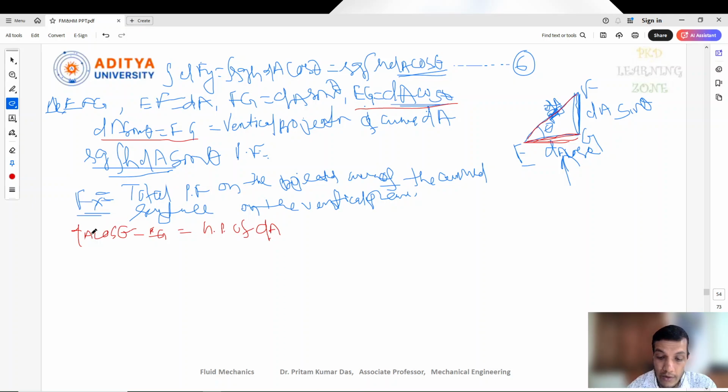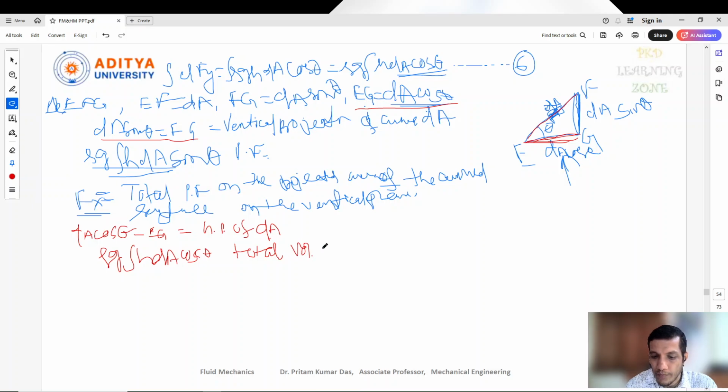Now we can also write the integration of rho g h dA cos theta.